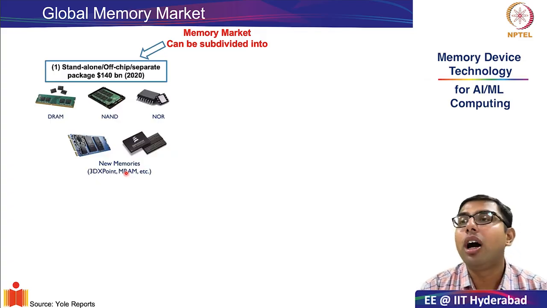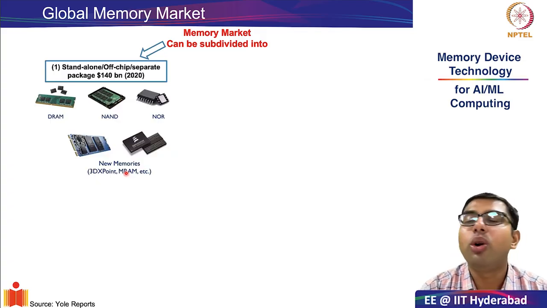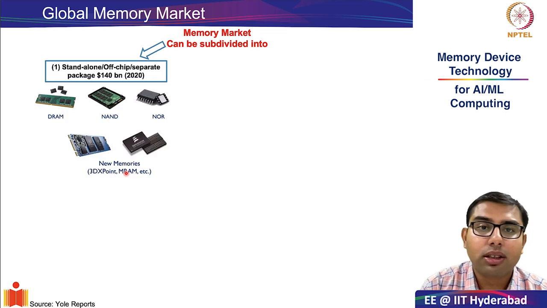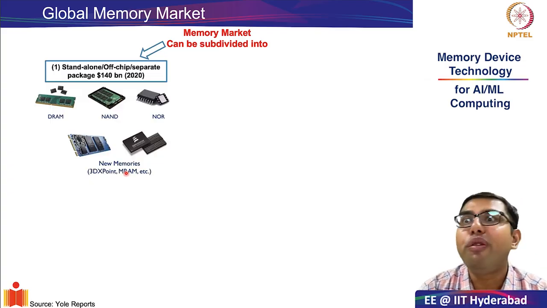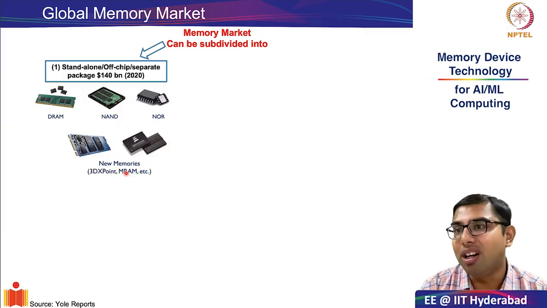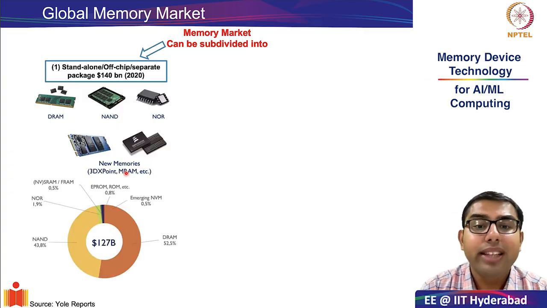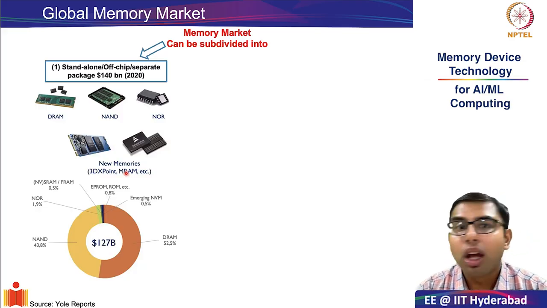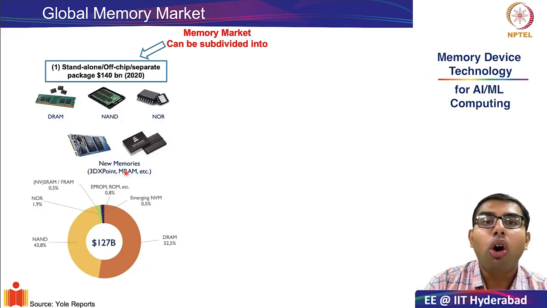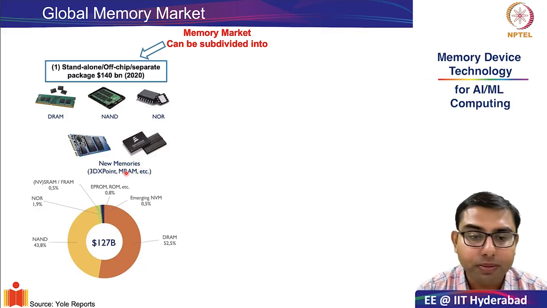All these are a part of the standalone or off-chip memory market. This segment itself, back in 2020, was estimated to be $140 billion. And this is the segment-wise breakup of the standalone or off-chip memory market.